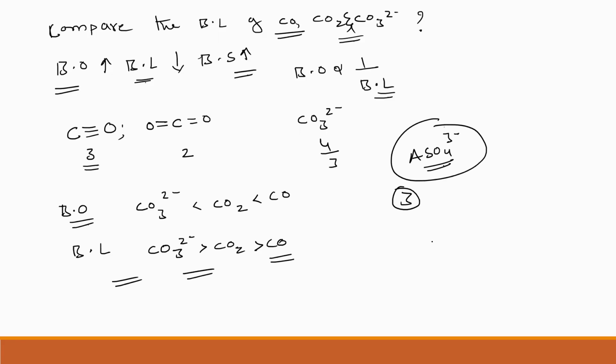According to this, what is the valency of the oxygen atom? 2, plus the charge here, 3 minus, that is minus 3, divided by the total number of atoms bonded, 4. So 4 times 2 is 8, 8 minus 3 is 5, so that is 5/4. So the bond order between arsenic and oxygen is 5/4.